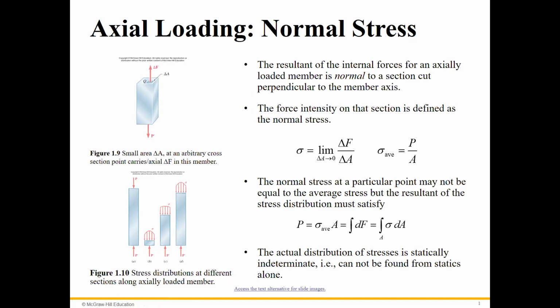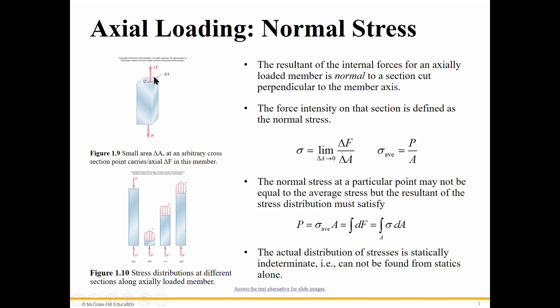Therefore, as a simplification, we just assume an average. For example, we have a force at this point, in an infinitesimal area here. Then for sure we have a stress at this area, a stress at this area, a stress at this corner. We have a very, very small area at each point.